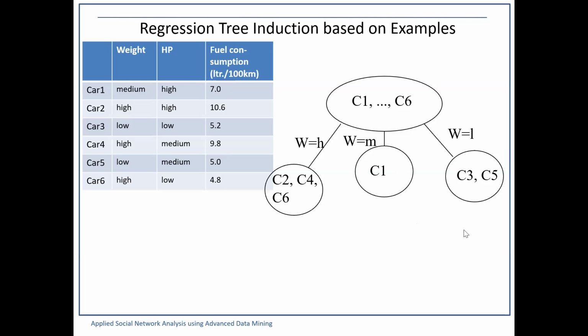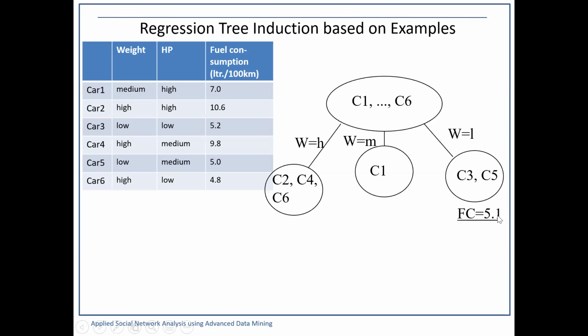Variance here is low, so we stay here, we don't continue, and we say the prediction for a new car that ends up in this node will be the average, 5.1. One observation has 5.0, the other one 5.2, the average is 5.1. So if the day after tomorrow a new car arrives where we know weight and HP, but we don't know fuel consumption, and if weight is low, then our prediction of fuel consumption for this car would be 5.1.